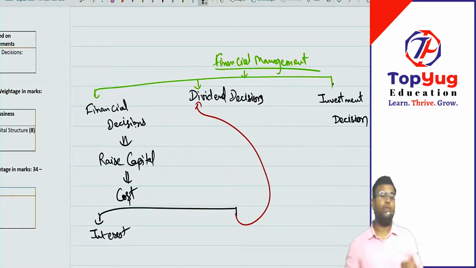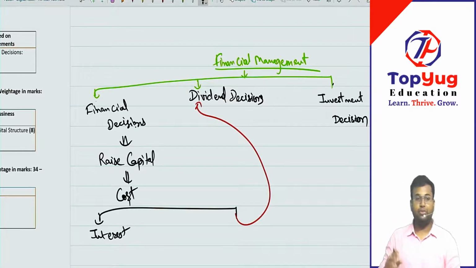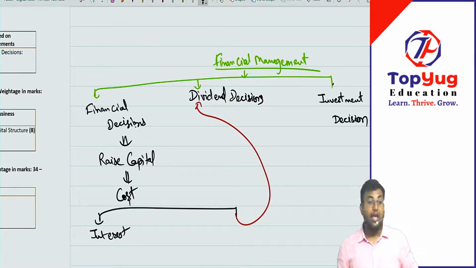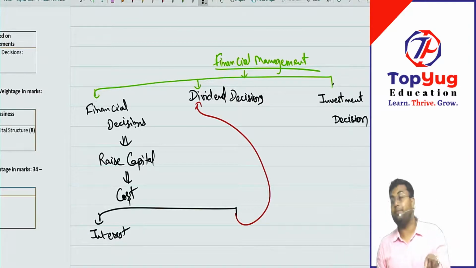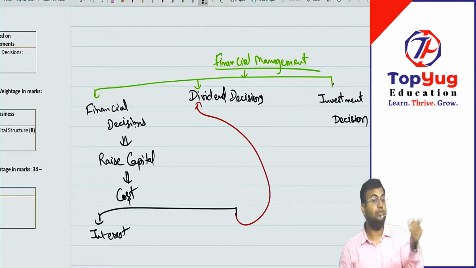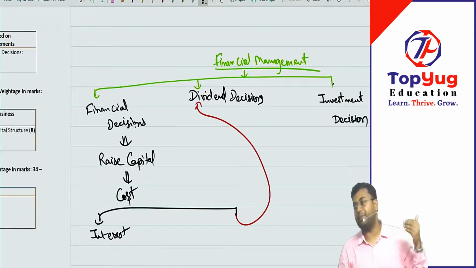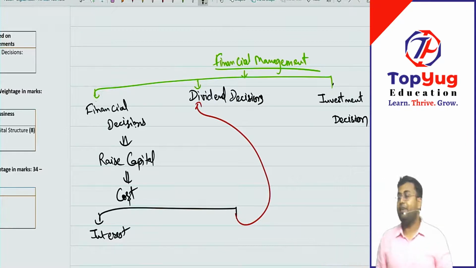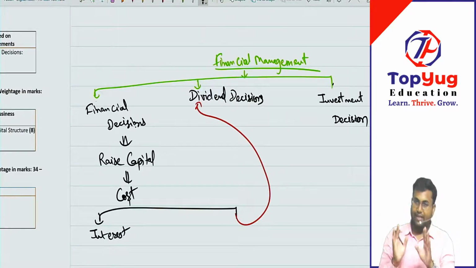Correct? Now, when you are making a payment by way of dividend, dividend is a discretionary power of a company whether to pay it or not, and because it is discretionary, you can make decisions. If it was non-discretionary like interest payment, then you would not have any option. In that way, dividend decisions are a valid topic under financial management.